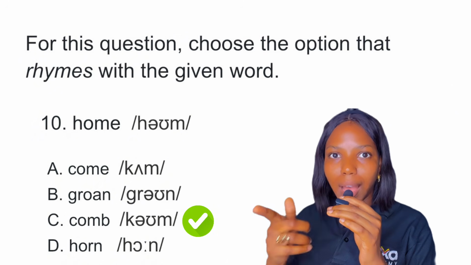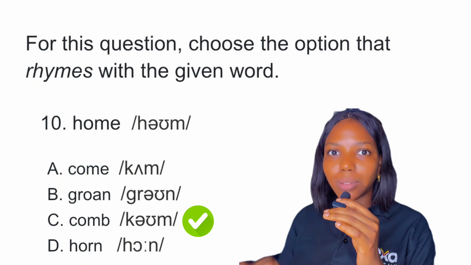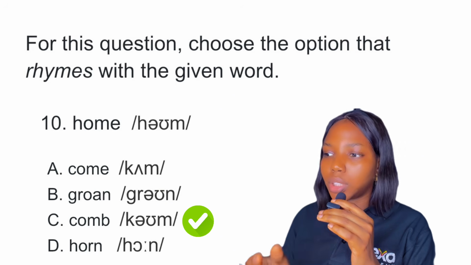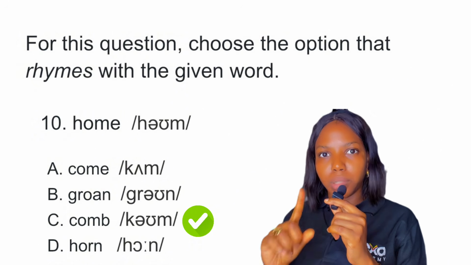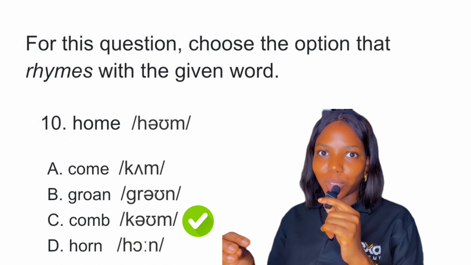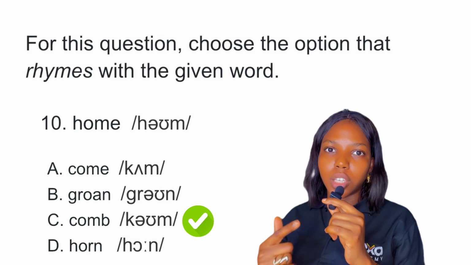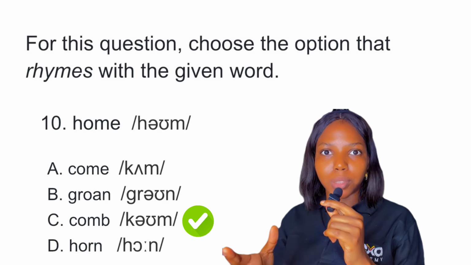Next is the uh sound, okay? Option B, grown. The last sound is n, so we can't even consider grown, okay? Option C, we have comb. The last sound is not b. Letter b is silent, okay? So the last sound is m. So when you move backward again, you have O. So this rhymes, right?